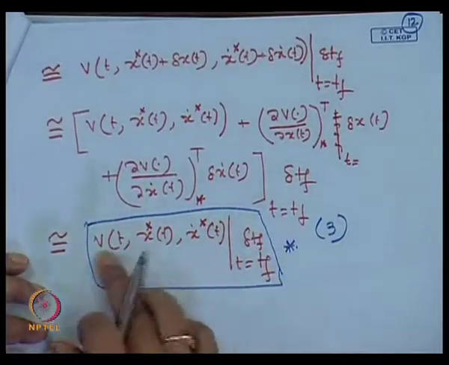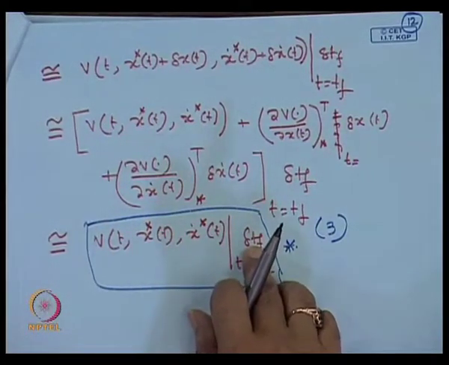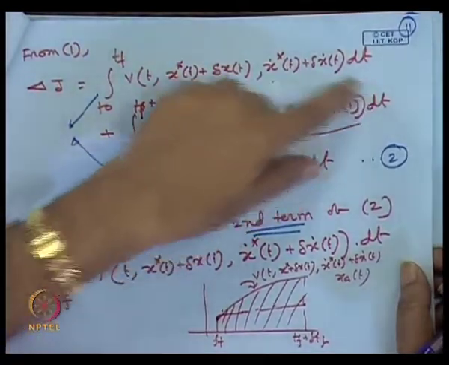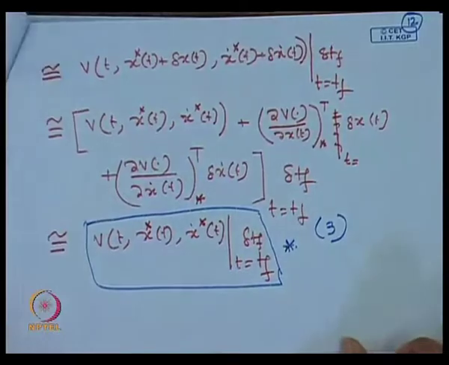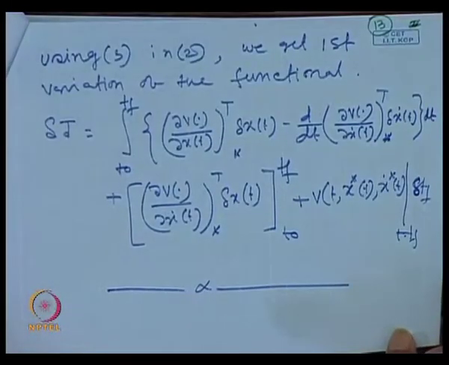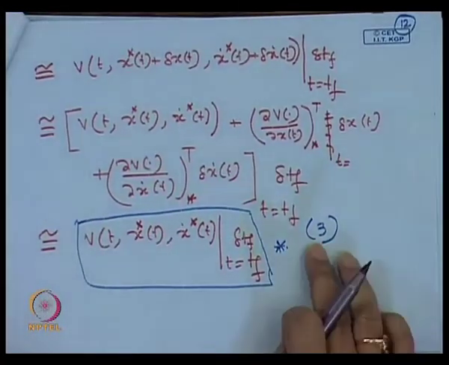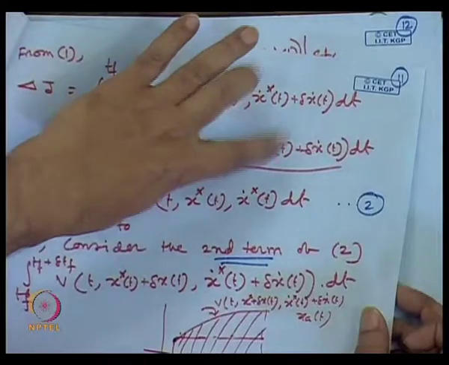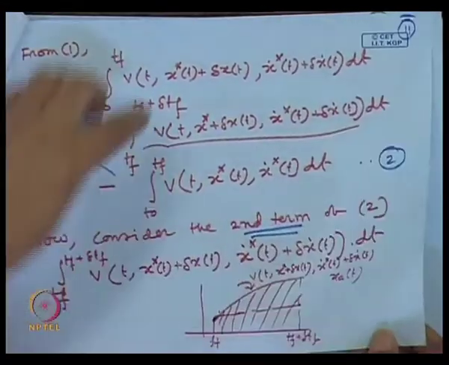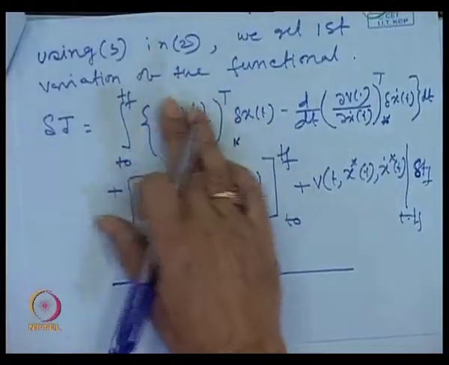So, find the functional value at t equal to T f and multiply by delta T f. This is the approximate value of the integration when delta T f is very small. Using this approximation in the equation, we finally get this expression.